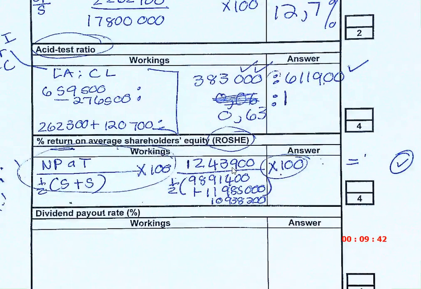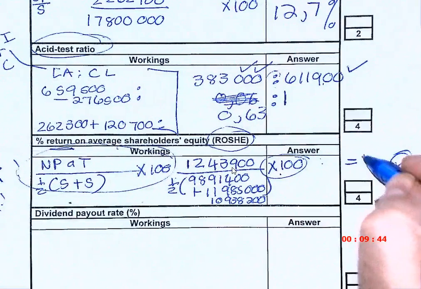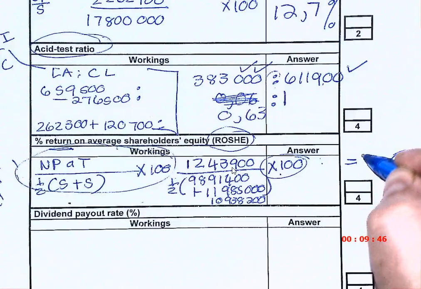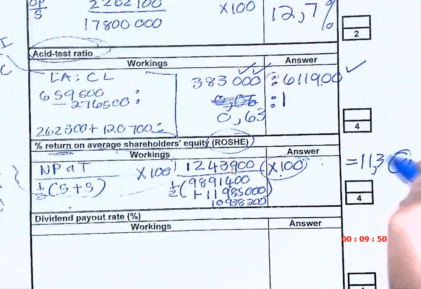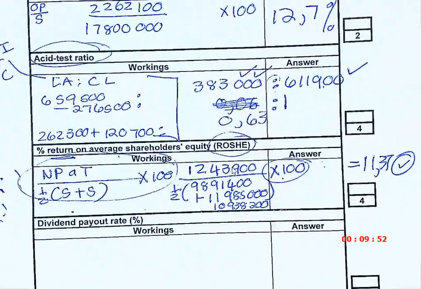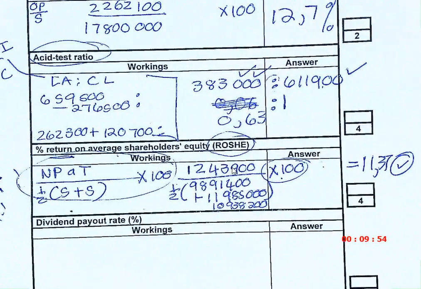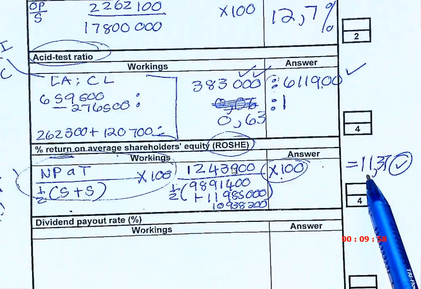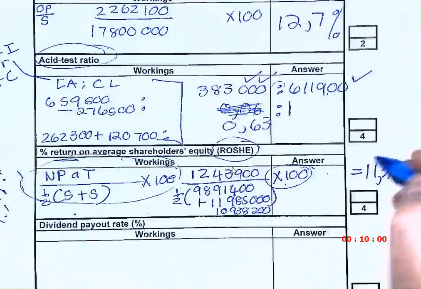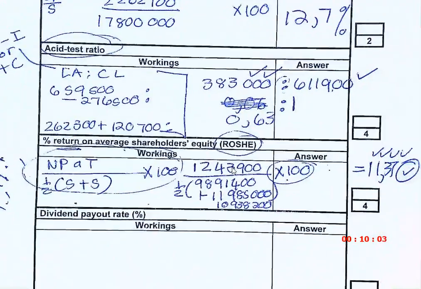So what is my percentage? 11.37. Okay, 11.37, and this is how we mark it. If I see the 11.4 or 11.37, I will give you the 4 ticks just like that.